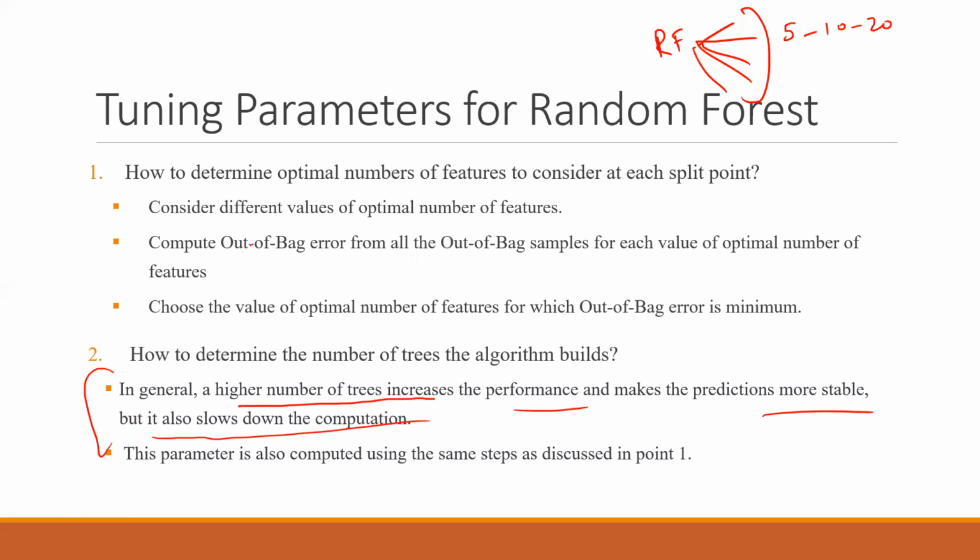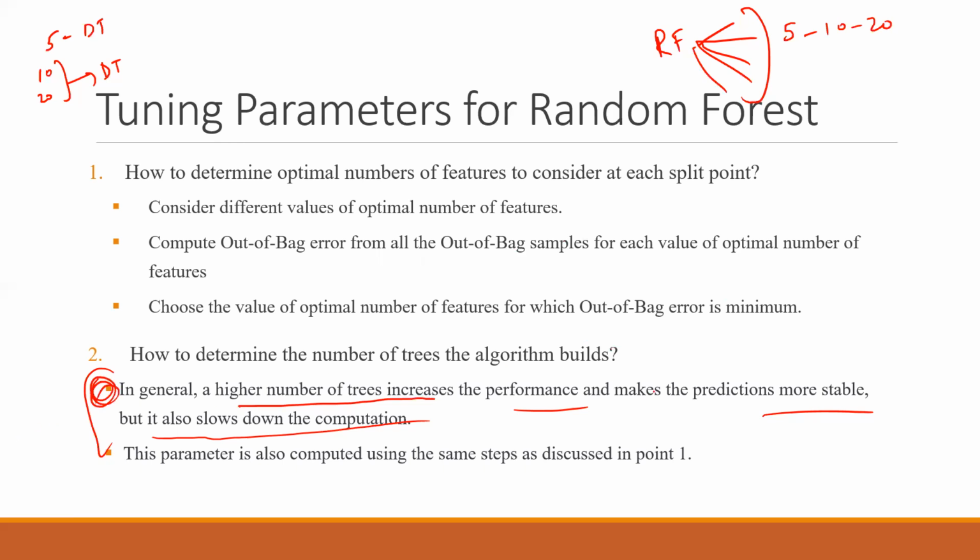Now it's obvious, right? If I am generating 5 decision trees, my average will come out good, right? But if I have 10 or 20 decision trees, it will be more consistent because it has been verified 20 times rather than only 5. So a higher number of trees is good, that's the basic point.